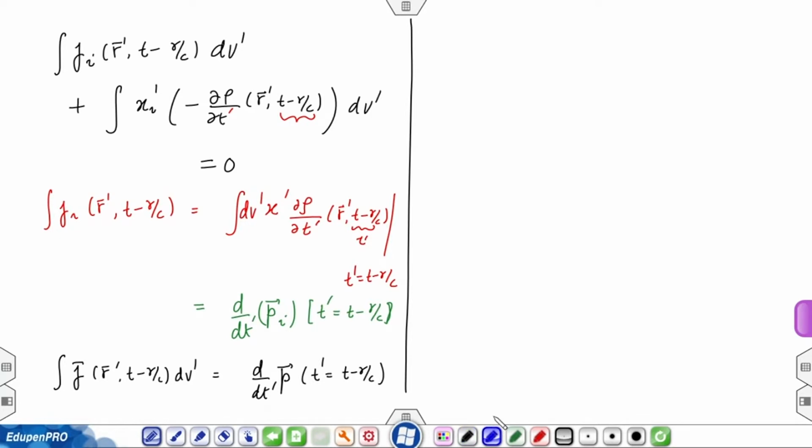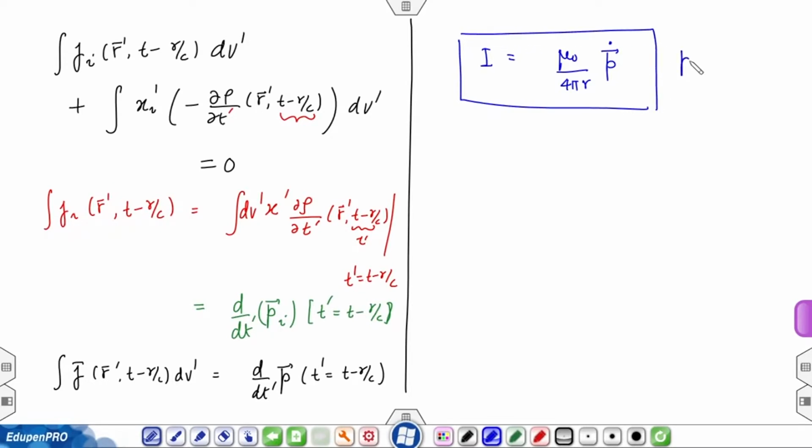So, first term gives me mu 0 over 4 pi r p dot, and this p dot is calculated at is d by dt prime p, t prime equals t minus r by c.